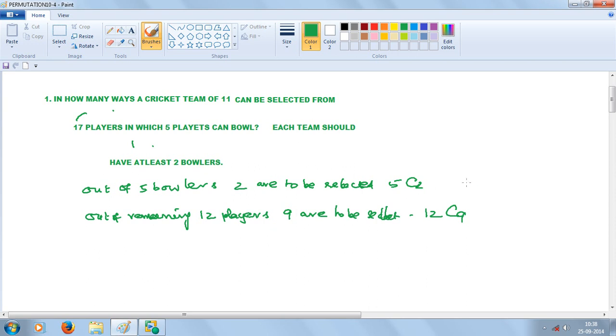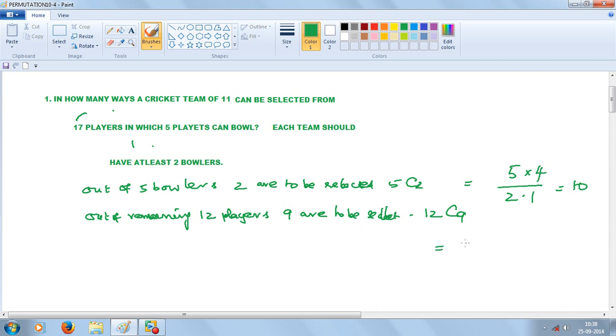What is 5C2? 5 multiplied by 4 divided by 2 multiplied by 1, which is equal to 10. What about 12C9?